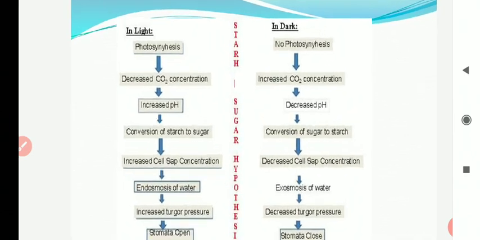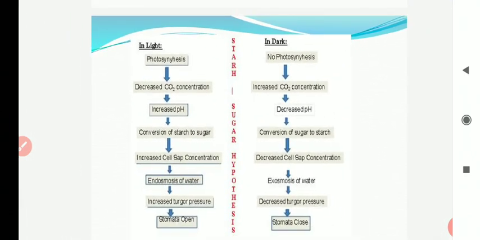Okay, now look at the slide. I have given the flow chart, what happens during night and what happens during light. In light condition, photosynthesis is going on, so CO2 is consumed. As CO2 is consumed, there is a decrease in CO2 concentration, increase in pH up to 7.